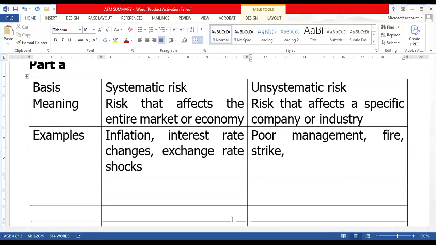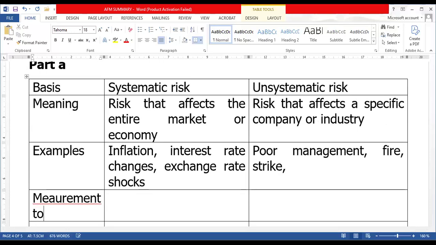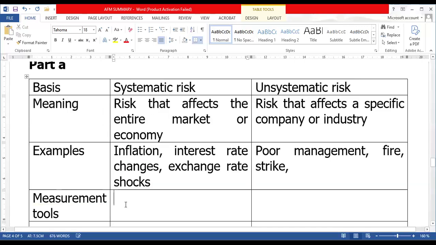Then when it comes to measurement tools. If I'm to measure the systematic risk, I can use measurement tools like beta; we are going to see these things.